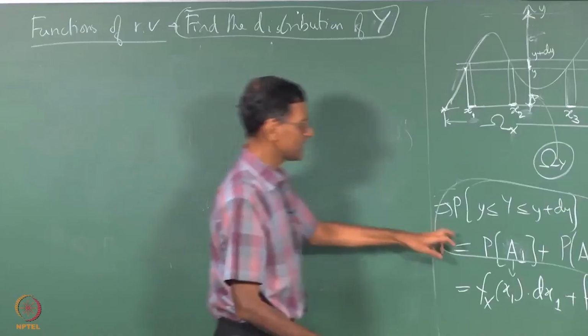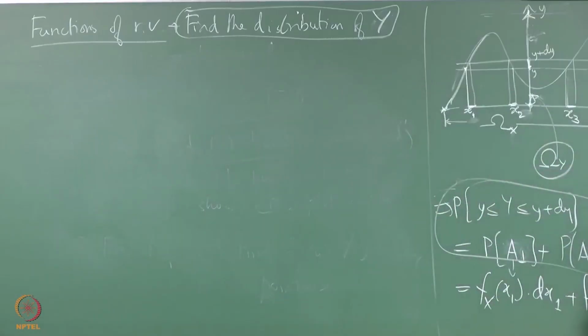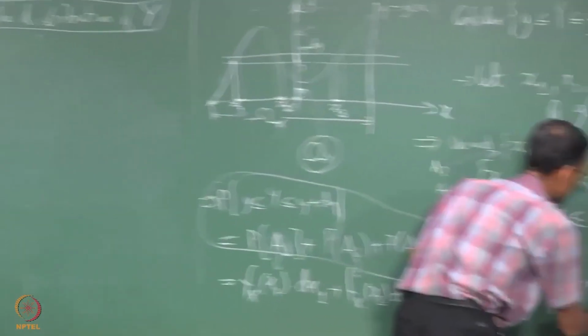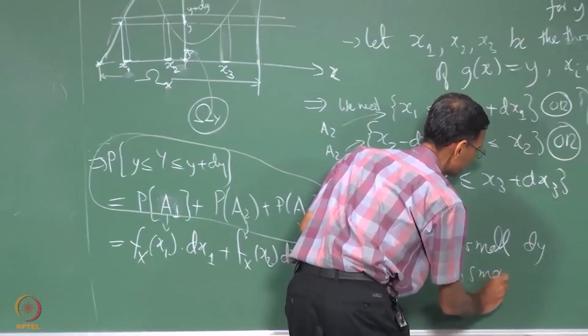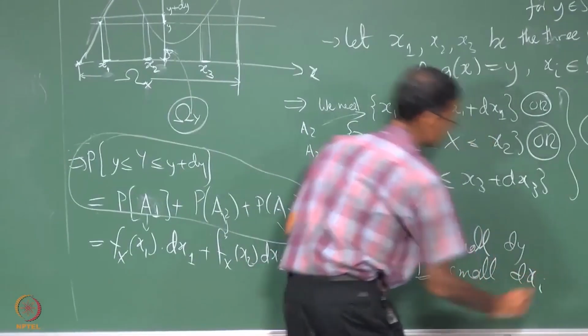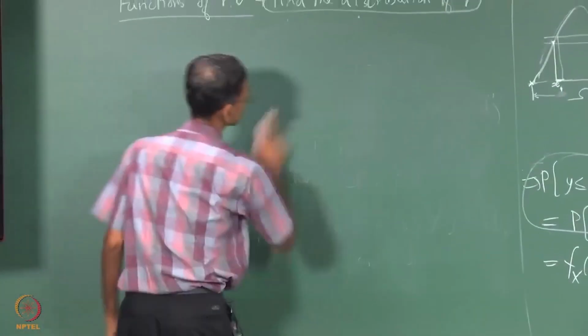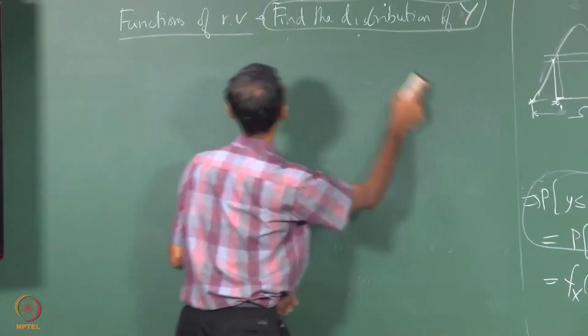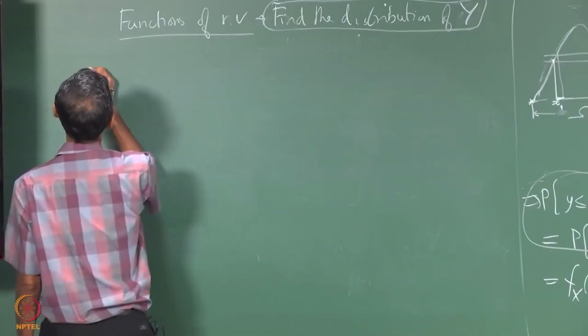I am just writing equals here. This equals is only right for very small dy, which implies small dxi. So what do we have here?